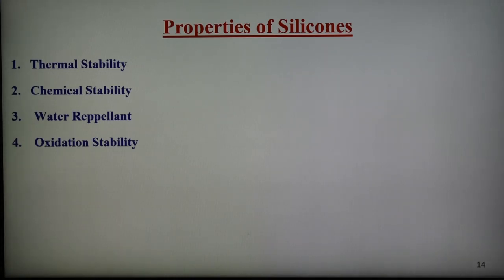This stability is attributed to the relatively high bond strength of the silicon-oxygen bond. Silicon polymers have a low glass transition temperature, and the glass transition temperature Tg is the temperature below which the polymer is glass-like. The more flexible the polymer, the lower the glass transition temperature. In other words, the glass transition temperature gives the flexibility of the material.